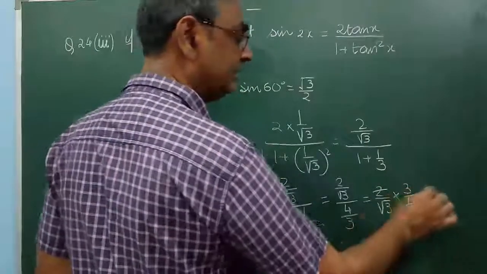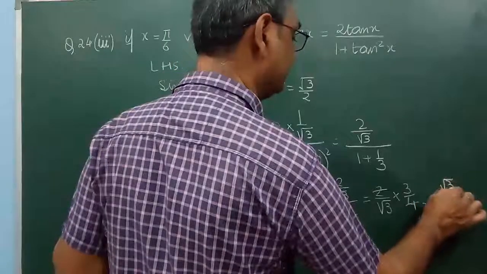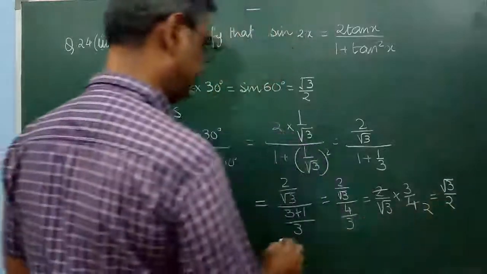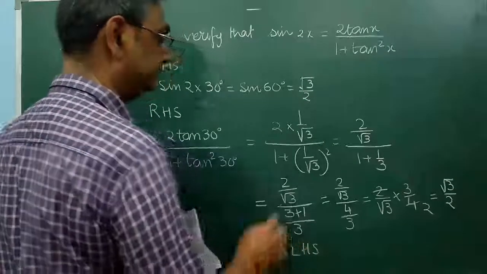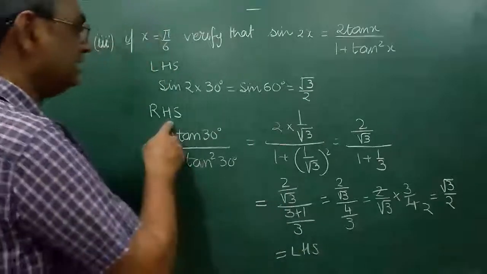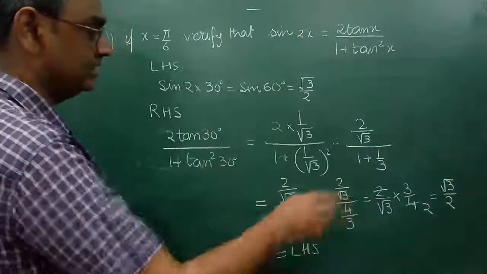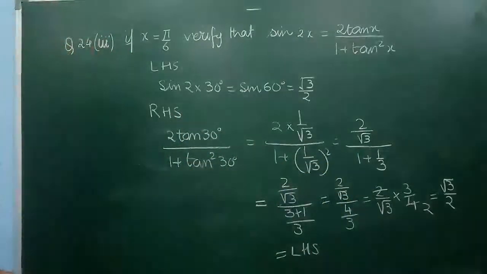Root 3 can cancel, 3 is root 3 times root 3. So RHS equal to LHS.